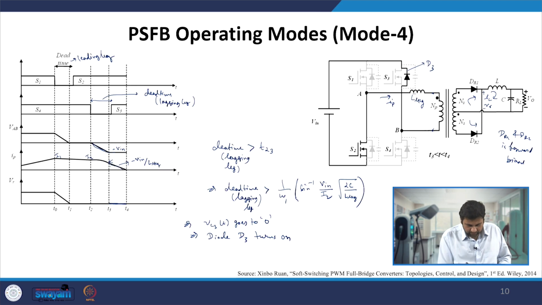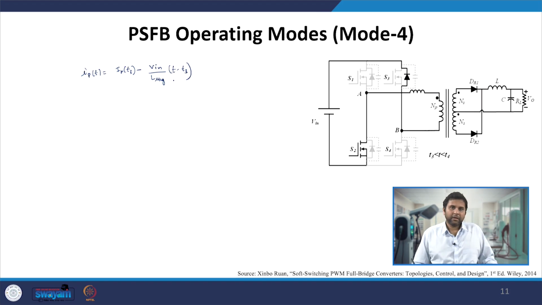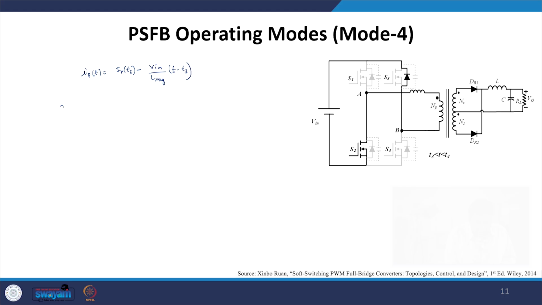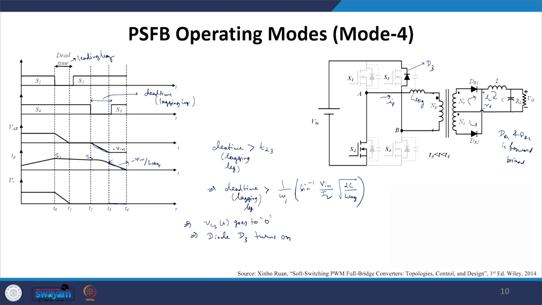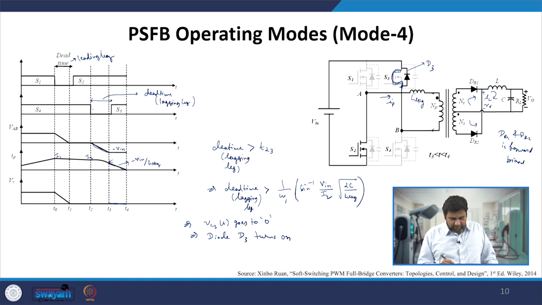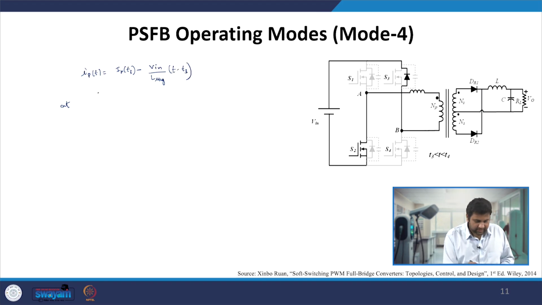So from this point to this point is a straight line, so we can just write this particular expression, and this continues until IP reaches 0 at t equal to T4. Further, during this duration, after the dead time which is greater than T23 period, we are also giving the gate pulse to the S3 switch as well. So now my S3 switch is on.